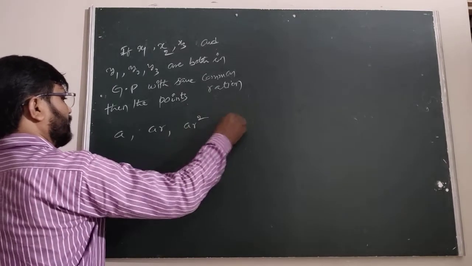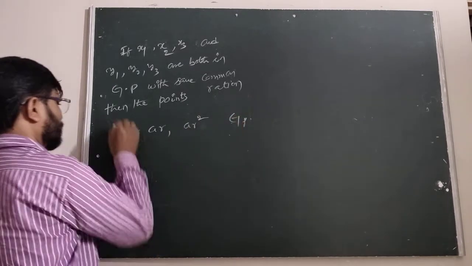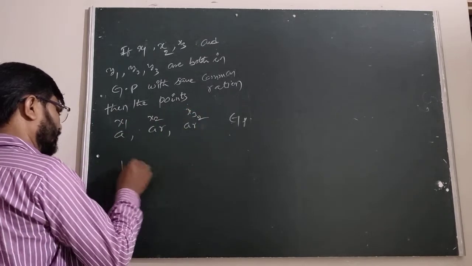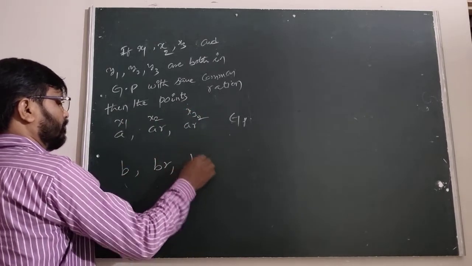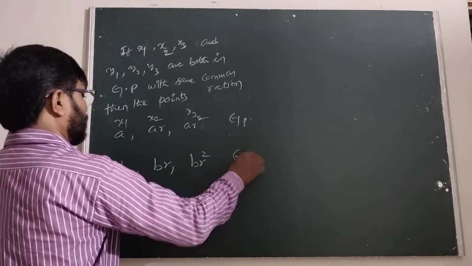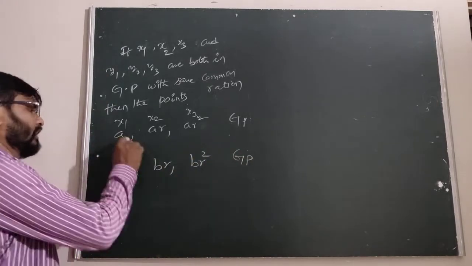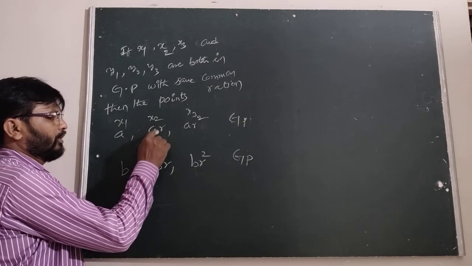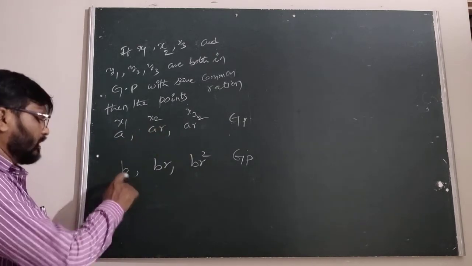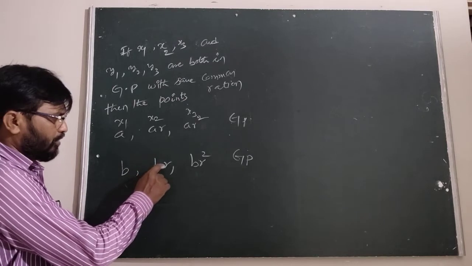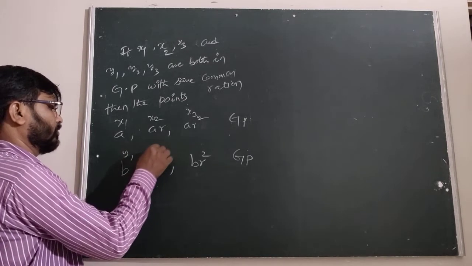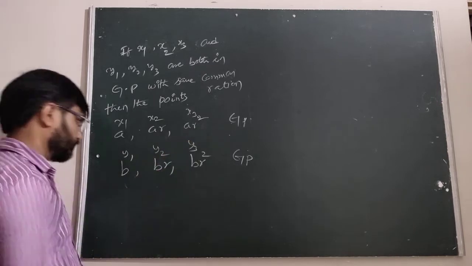We know that these are in GP. These are x1, x2, x3, and b, br, br square are also in GP with the same common ratio r. A into r, ar into r is ar square. Here also b into r, br into r is br square. These are y1, y2, y3.